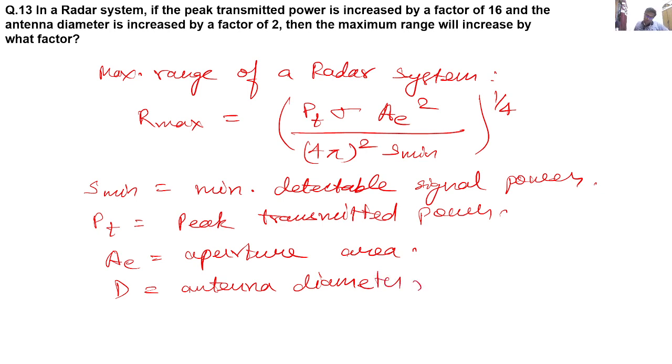So R max can be easily observed to be directly proportional to D to the power 1 by 2 times PT to the power 1 by 4. So let's just put whatever is given into this proportionality equation.